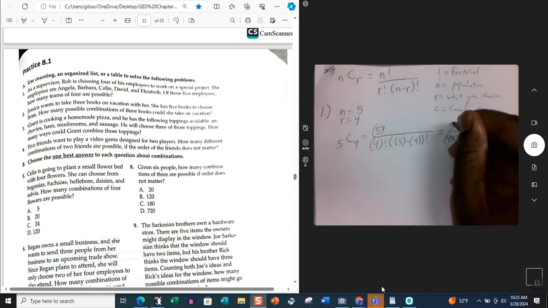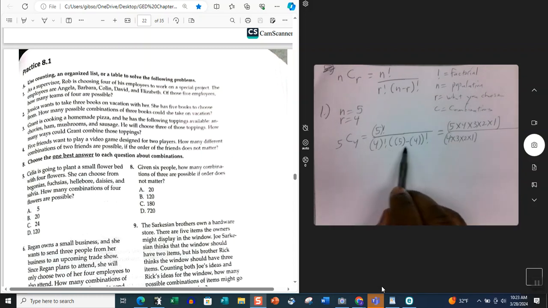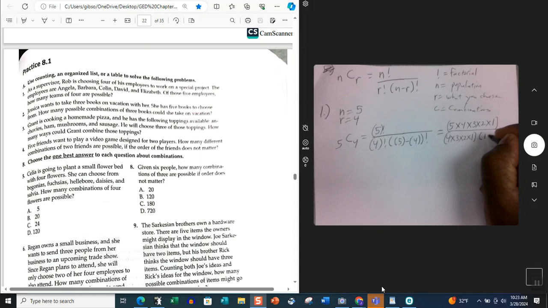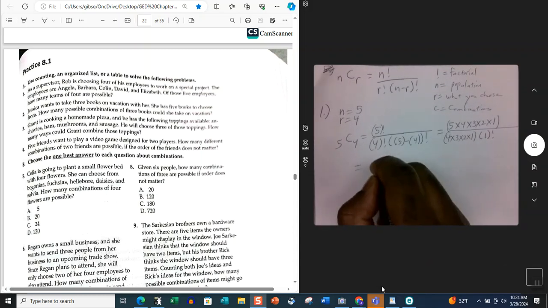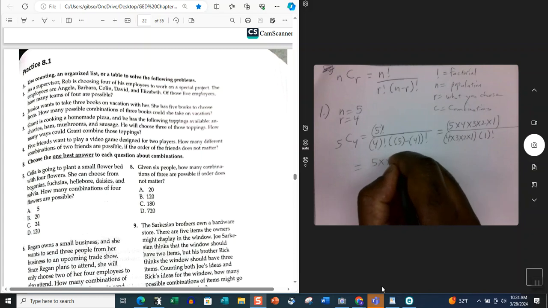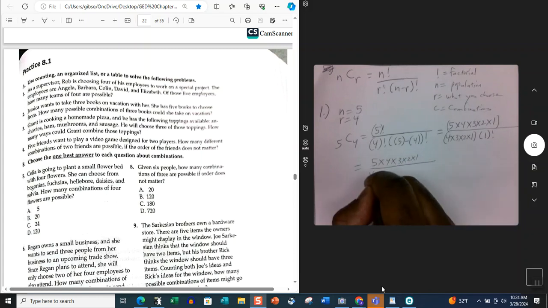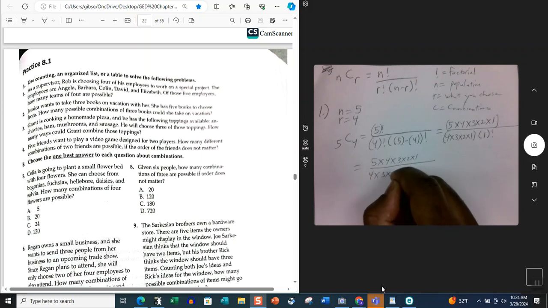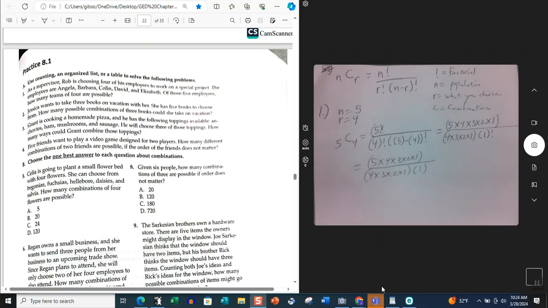I'm going to put that in a parenthesis. Now next, we have 5 minus 4 in a parenthesis, which would be 1. And 1 factorial is just 1. So let me rewrite what I just wrote down, and put those in parentheses.